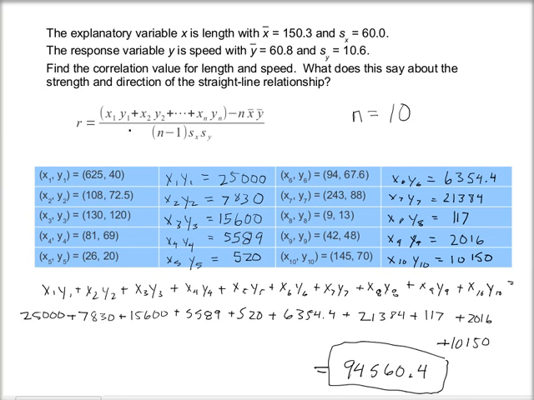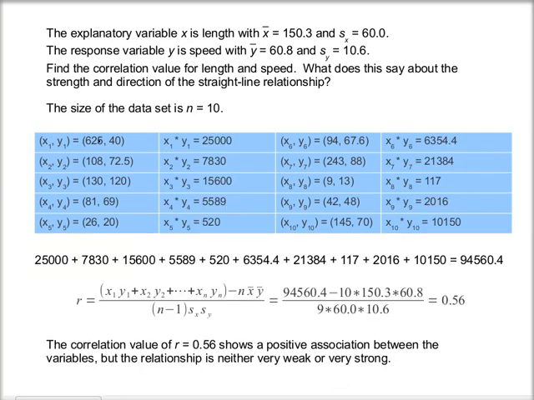So now I've got all the numbers I need. I just need to plug them into my formula. And I've done that here. I've got my 94,560.4 for the sum of the products of all my x's and y's, minus n, which is 10, times the mean of my x variable, which is 150.3, times y bar, the mean of my y variable, which is 60.8.